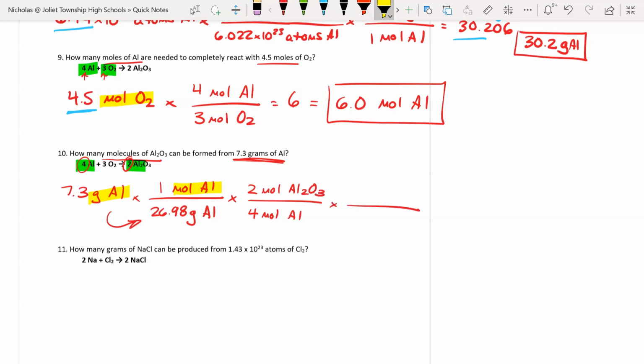And then our last conversion, we need to go from moles of aluminum oxide to molecules. So since we left off with moles of aluminum oxide, we have 1 mole of aluminum oxide, and for every 1 mole we have 6.022 times 10 to the 23rd molecules.